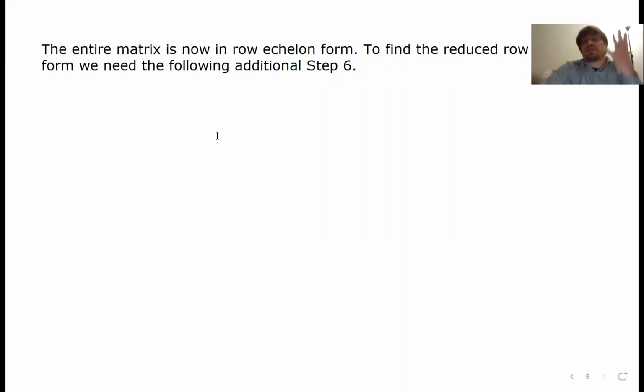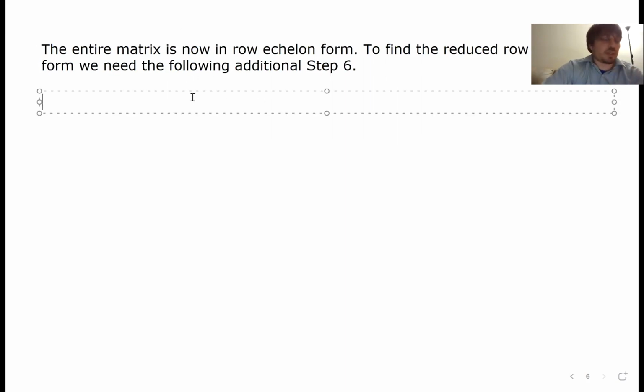Okay, so the first 5 steps were to get the matrix in row echelon form, for it to satisfy the first 3 properties. So 5 steps were needed to satisfy 3 properties. The 6th step is for the matrix to satisfy the 4th property, which means that it's also now in reduced row echelon form. Okay, so that's why we have a step 6, because we only have a matrix in row echelon form and we want a matrix in reduced row echelon form. Okay, so step 6 is the following.